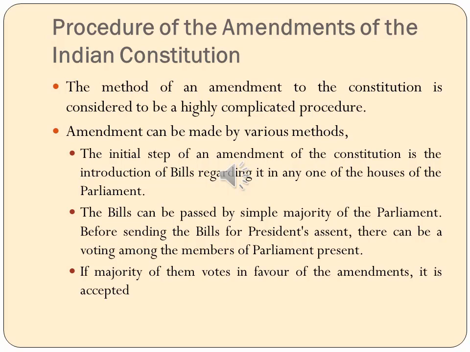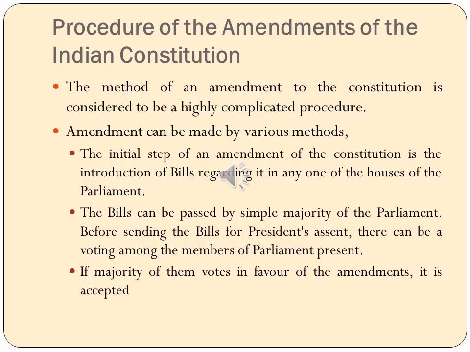So we shall see in brief the procedure of the amendments of the Indian Constitution. The method of an amendment of the Constitution is considered to be a highly complicated procedure. It has been laid in the Constitution in Article 368 Part 20, but the amendment process is not so simple.